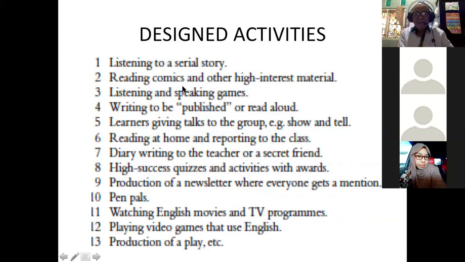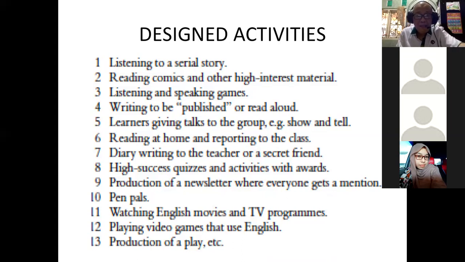Okay. Or probably reading at home and reporting to the class. They are given a short one paragraph story, and then they may read one or two little books, and then they report what they have read in class.